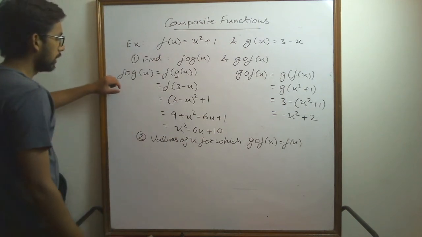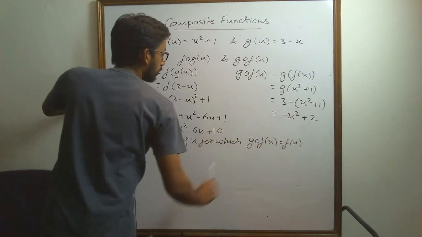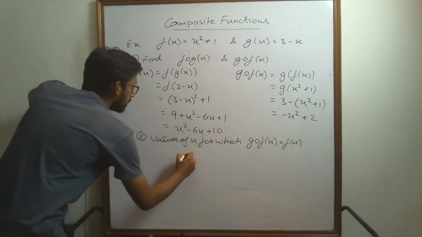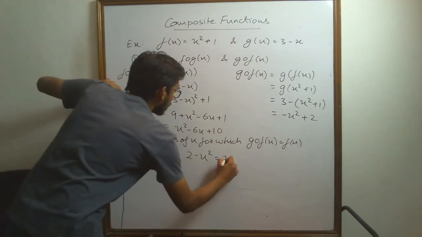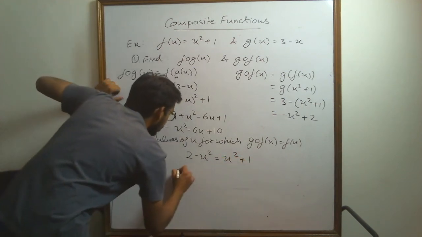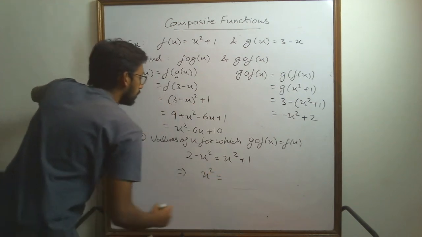Second part. Now find the values of x for which G of f of x is equal to f of x. That means that 2 minus x square is equal to x square plus 1. This means that x square is equal to 1.